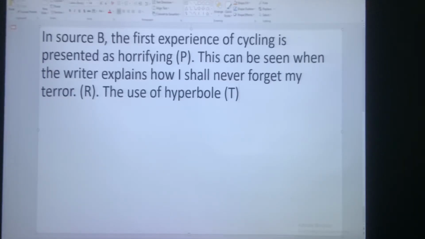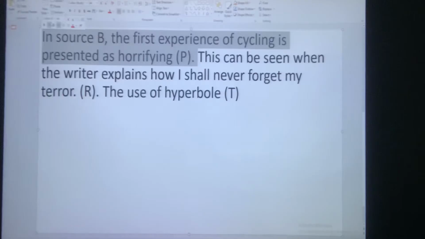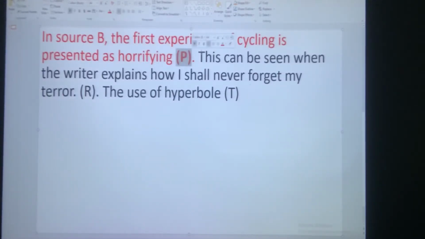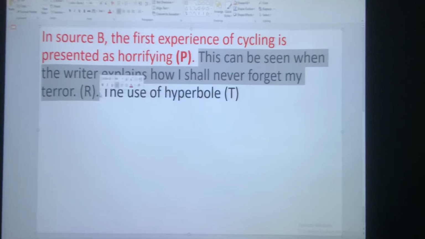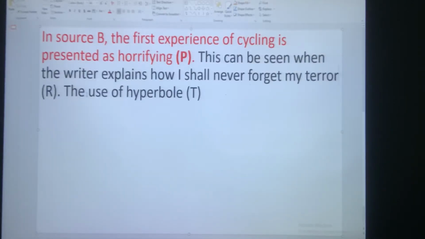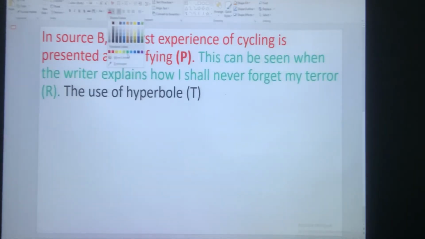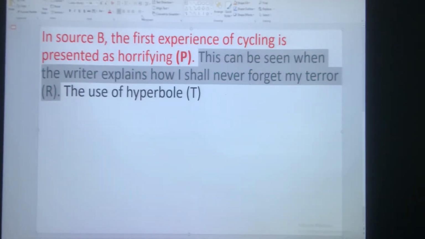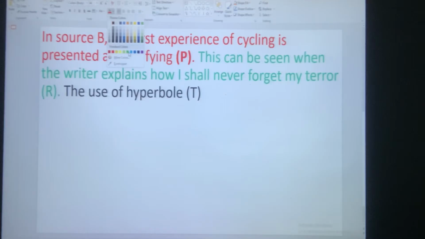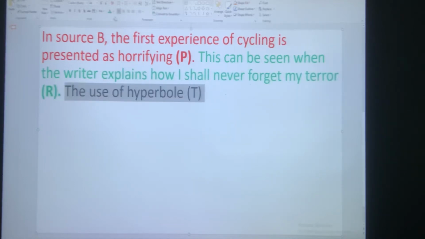Alright guys, have a look at my paragraph. I've done the P. Guys, the P is complete. I have done the R. Why is it full stop here? I have done the R, guys. I have given my reference. And I have picked out my technique.